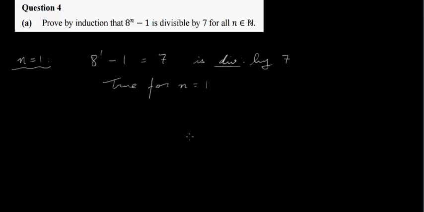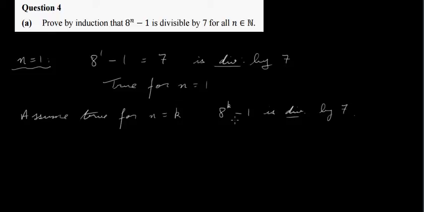Okay, so the second thing we're going to do now is assume it's true for some value n is equal to k. So we're going to assume that this is true. In other words, 8 to the power of k minus 1 is divisible by 7.